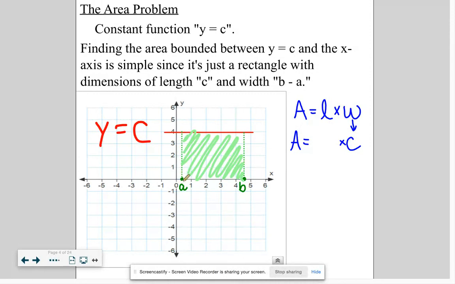We're going to say that the first point here is A, and the second point here is B. So the length is the B value minus the A value. So the B minus the A value times the height, which is the C value, is how you're going to compute the area of this particular rectangle.